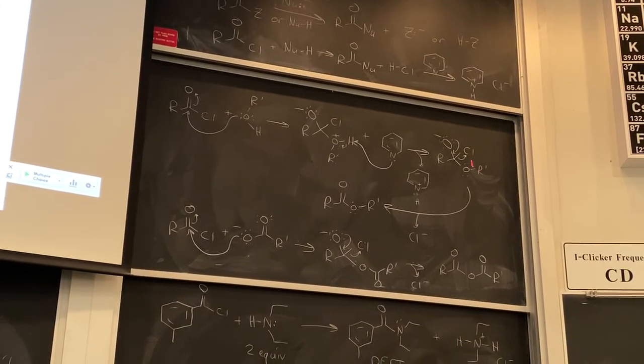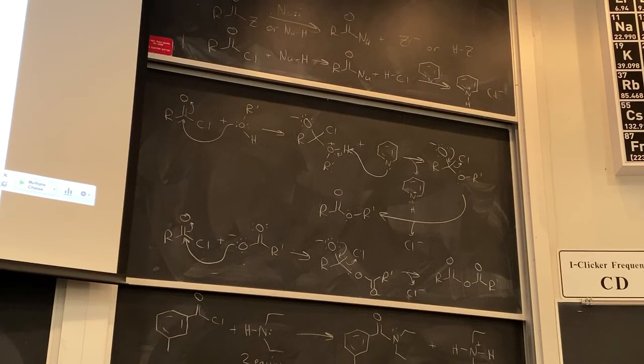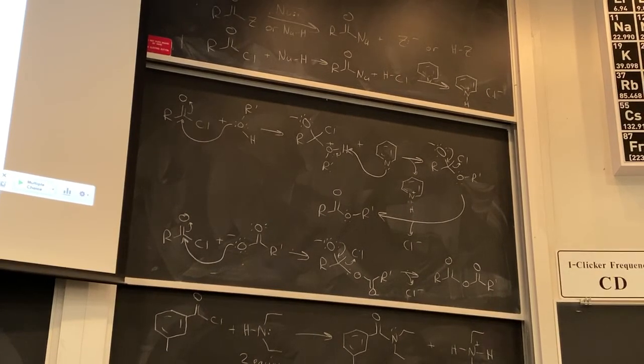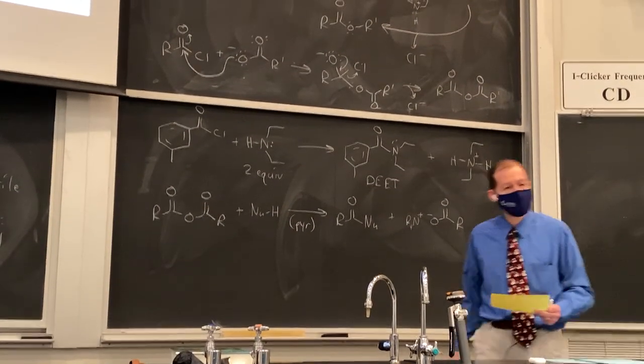The carboxylate is here instead of the chloride. It's going to be a better leaving group than the alkoxide. And so that's what gets eliminated, and you get the alcohol, and you have chloride departing. Or you have the carboxylate departing, okay?